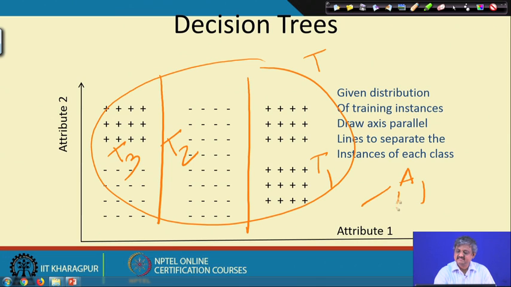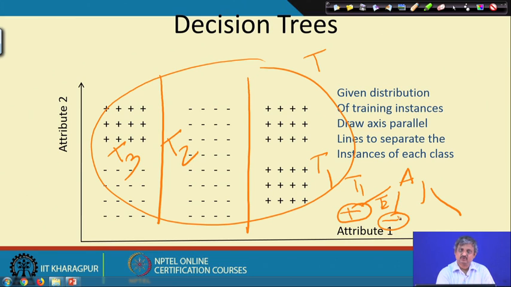So, I have 3 branches. Now, T1 and T2 are pure, they need not be split further. They are leaves. T1 is a plus leaf, T2 is a minus leaf.